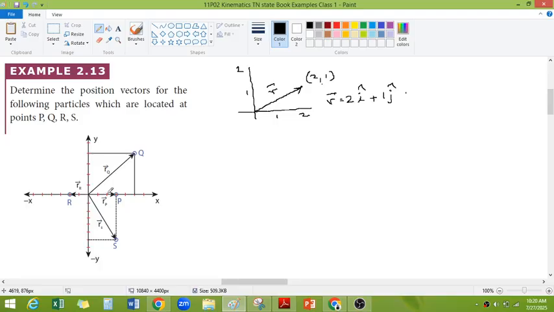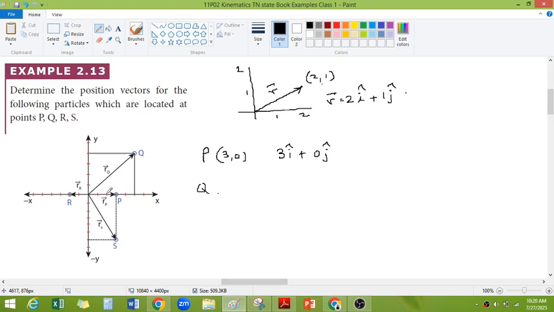You see 1, 2, 3. That means P is 3, 0 in coordinate geometry. In vectors, I would write it as 3i plus 0j, or you can skip the 0j also.